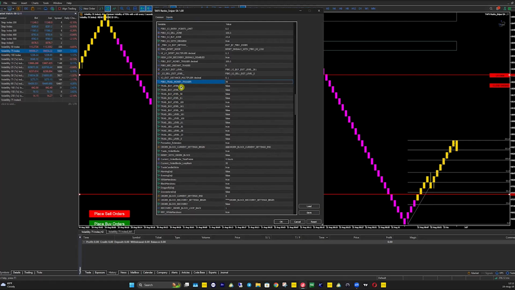Then with this trail money trigger, you can set the amount. If you are not in that profit, then there is no need for the EA to open the trailing or the trailing stop. All right. So that's in case you want to open the trailing after reaching a certain amount. So we have that option.